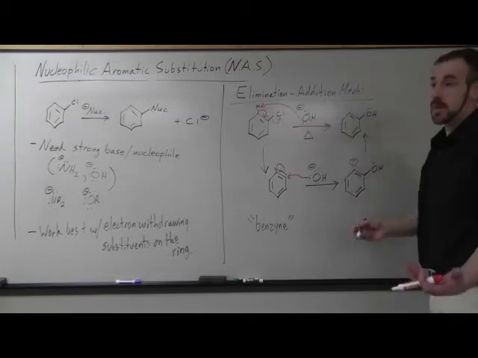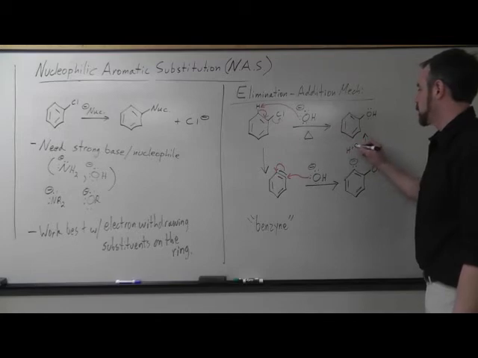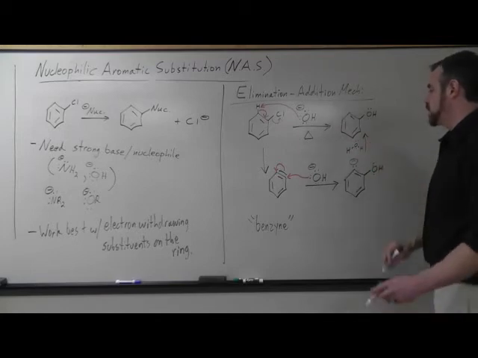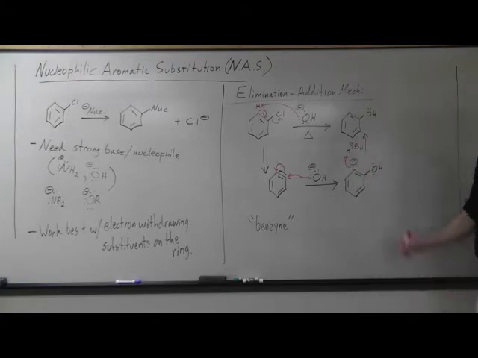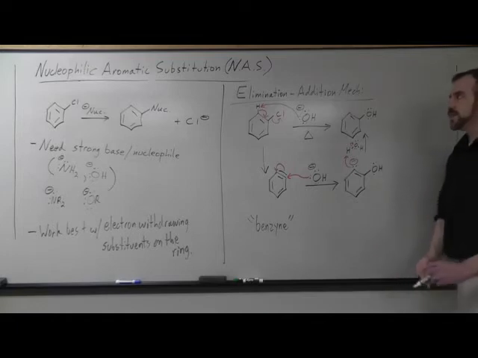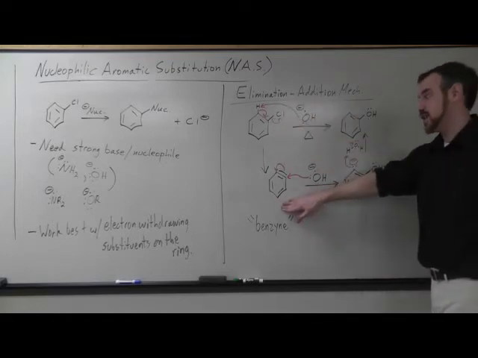In the first step, we formed water, so that'd be the most logical acid in the solution. And we regenerate hydroxide. So first, elimination occurs to produce this unique benzyne intermediate.